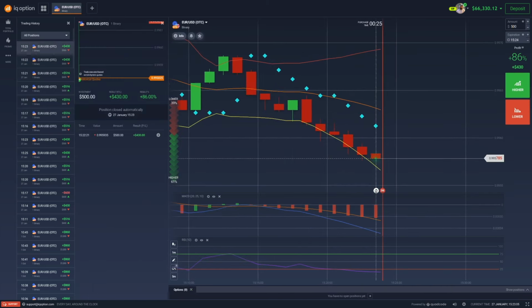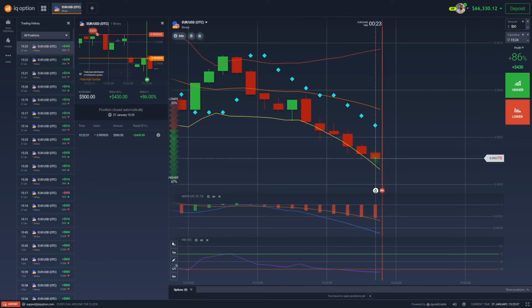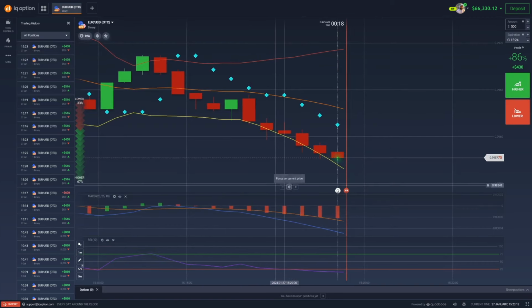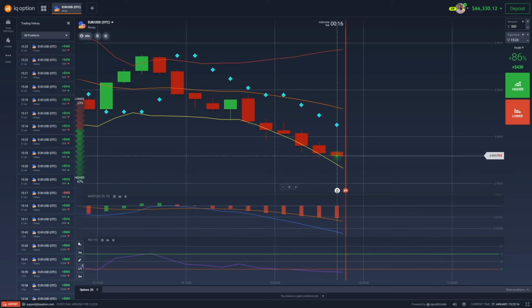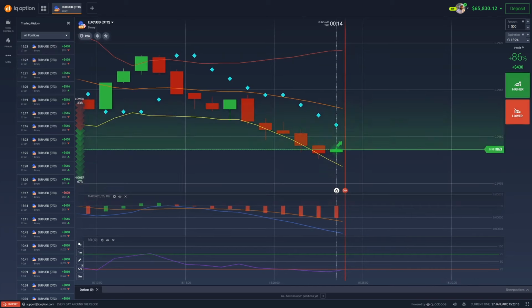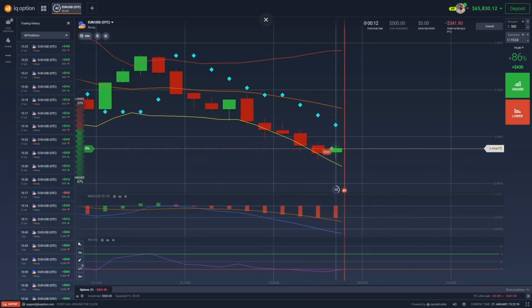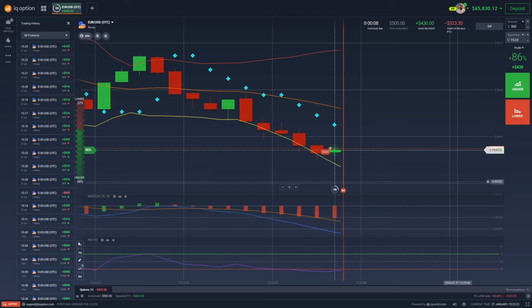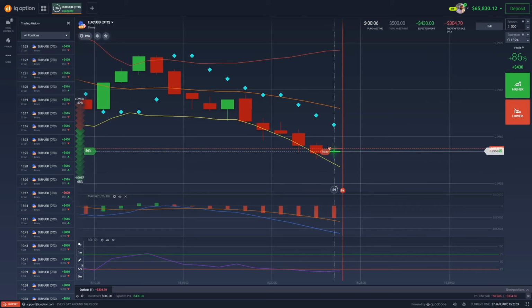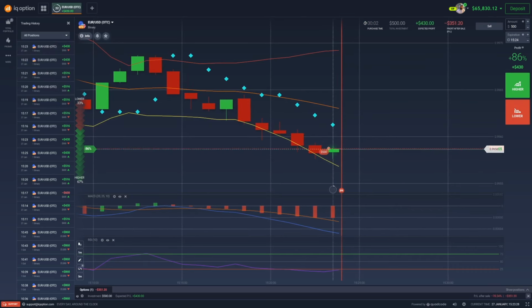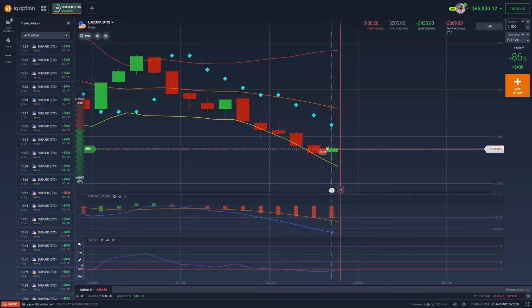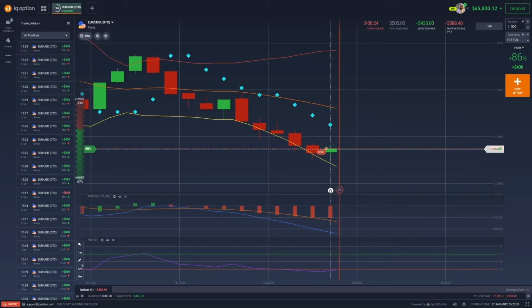This trend was perfect. It will keep going down. We will still see another red candle. And also, guys, in order to make amazing results from trading, you need to understand the market structures.